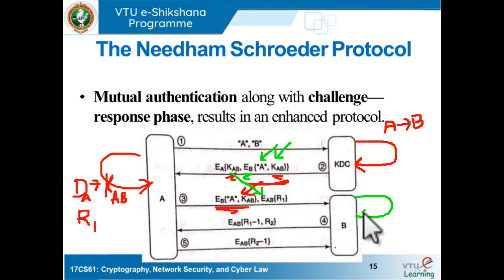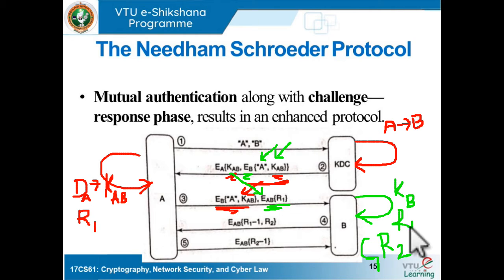Similarly, B will also decrypt the received message using the key that it is sharing between KDC and itself. Once decryption is performed, even B has access to the session key. Using this session key, A and B can encrypt the subsequent messages they wish to communicate with each other.